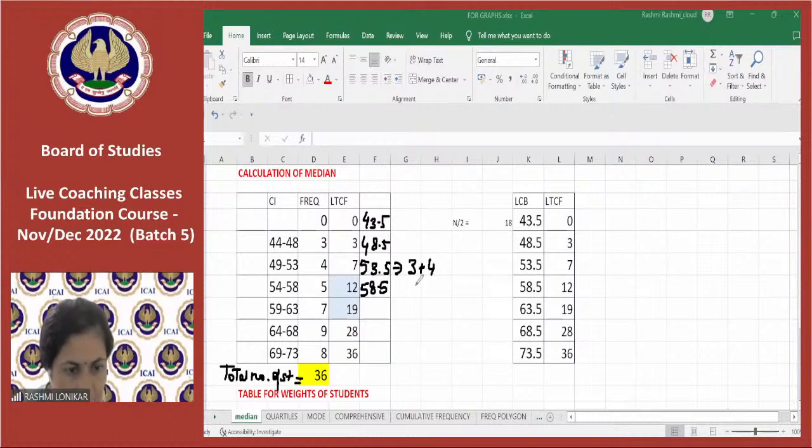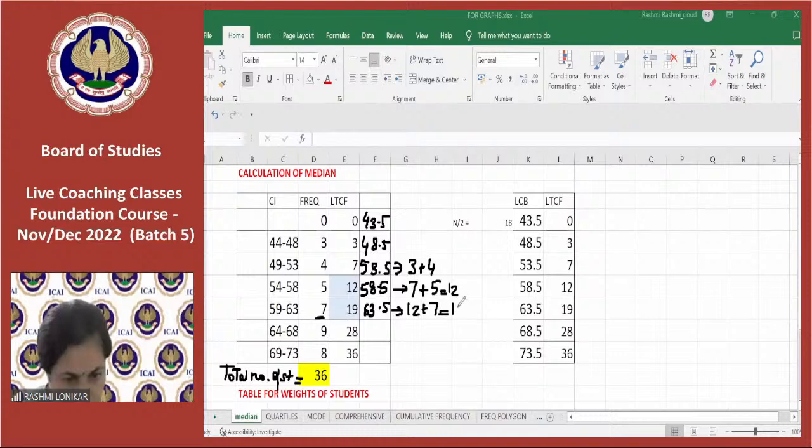This 7 plus this 5, I get 12. Then how many students are there whose weight is less than 63.5? This 12 plus this 7.